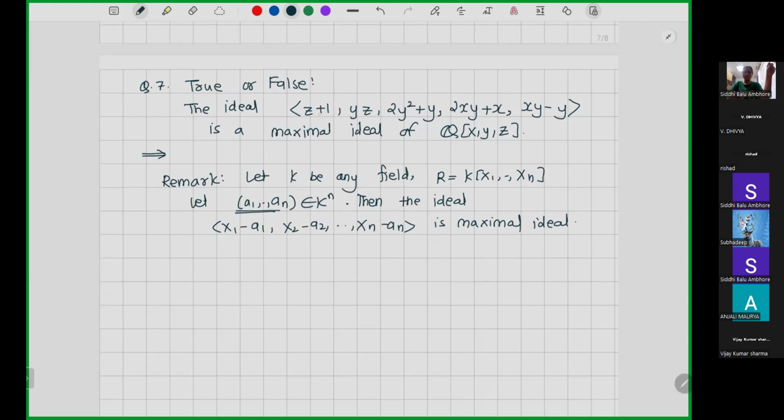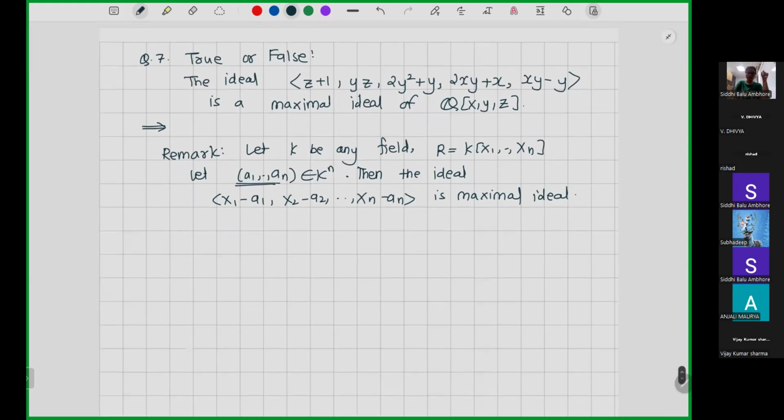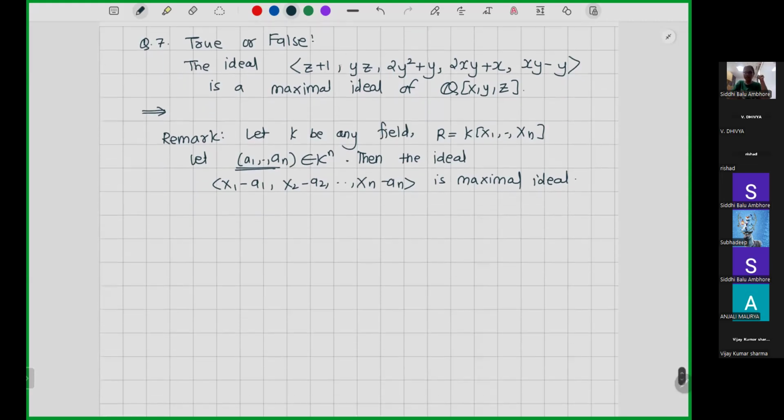So if I want to express this in this form, we just have to find what these ai's must be. For example, here z is equal to -1 means, yes, the minimal generating set is x, y, z plus 1.